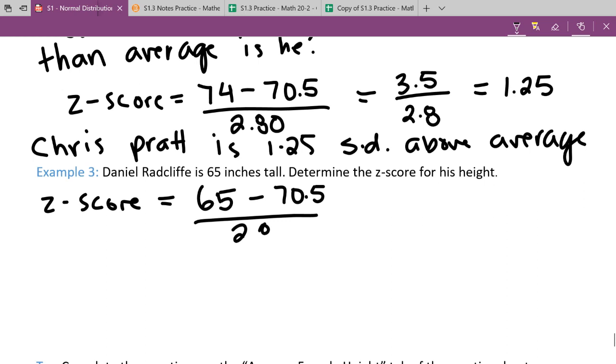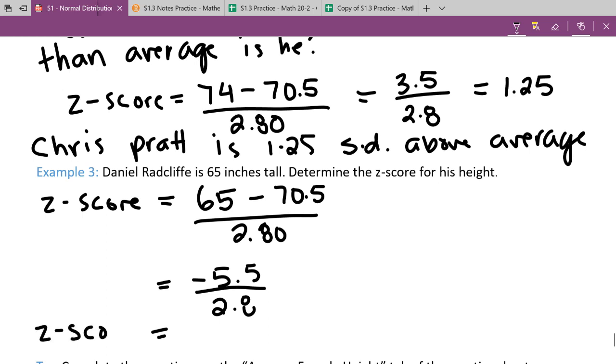Standard deviation is still 2.80. So when I do 65 minus 70.5, I actually get negative 5.5 divided by 2.8. Daniel Radcliffe's z-score is negative 1.96.